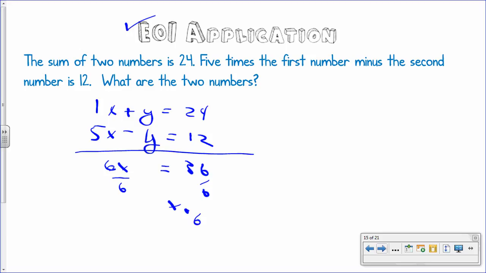Now, which one of these would you use? I'd use the top one. Okay, 6 plus y equals 24. So y equals... no, we're not adding, now you're subtracting. So that'd be what?